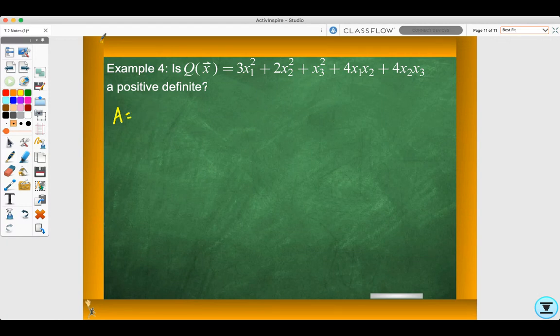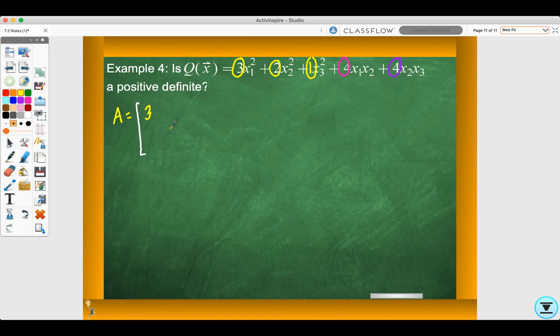The first three terms that are all squared go down the main diagonal. So there's a 1 here. And then this will be split evenly, and this will also be split evenly in the matrix that I'm going to have down here. So we're going to start with our diagonal.